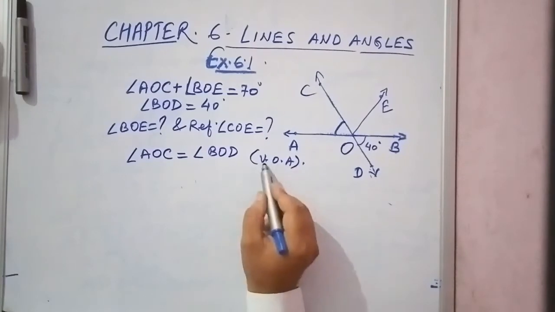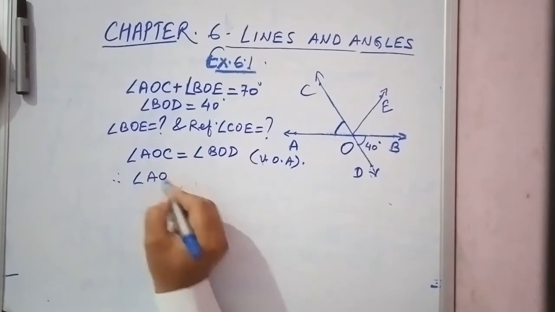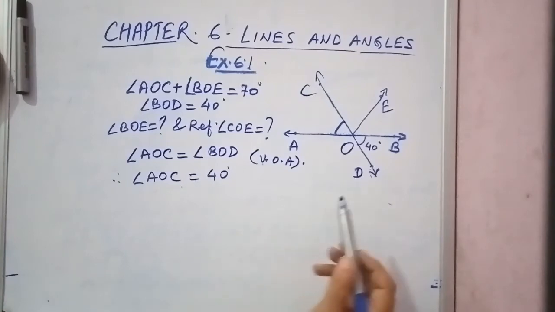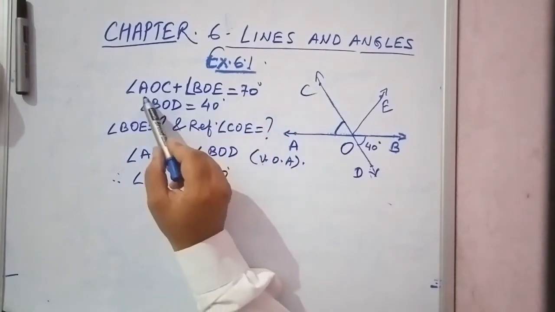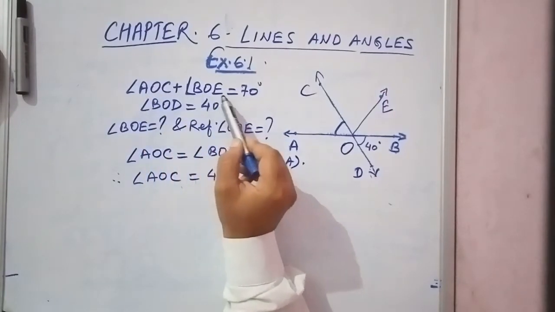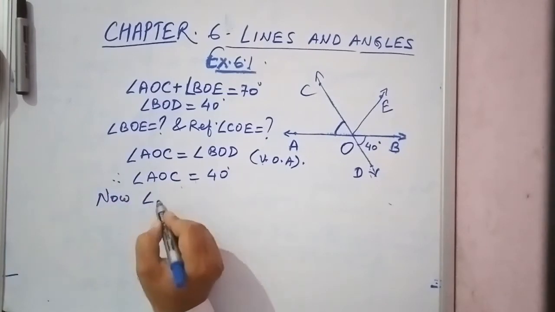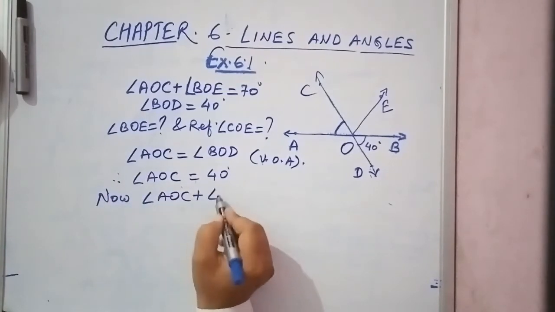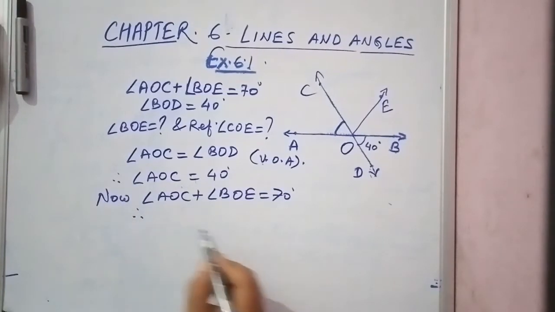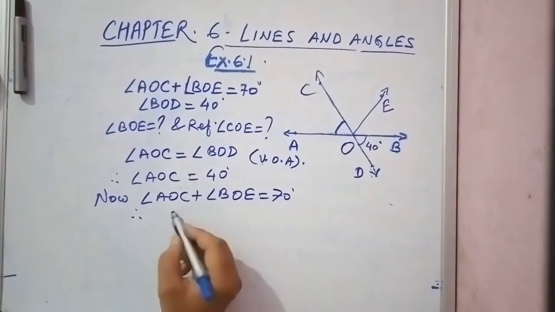So angle AOC equals 40 degrees. Now in the question, angle AOC plus angle BOE equals 70 degrees. We put the value of angle AOC, that is 40 degrees.